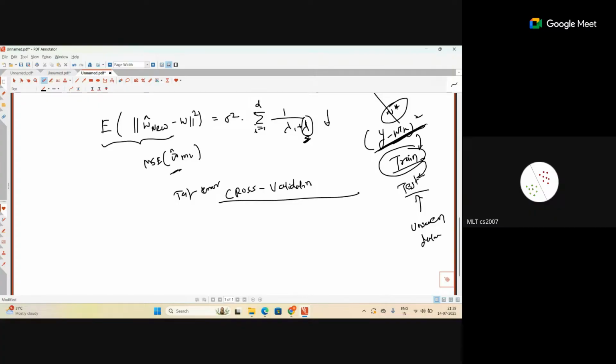So there may be some outliers over which we might not perform well using only the training error. And whatever data we get, we don't know how it looks.